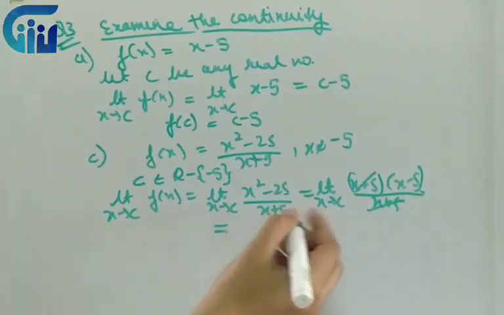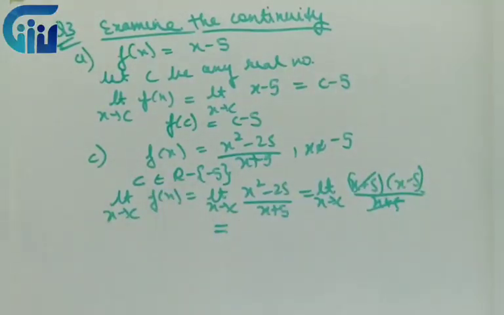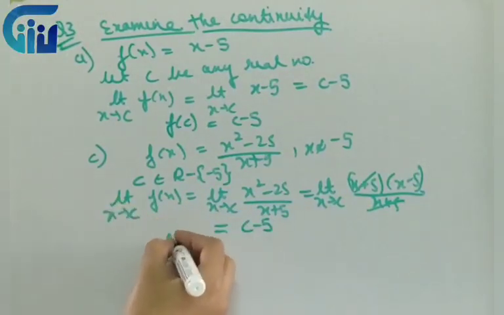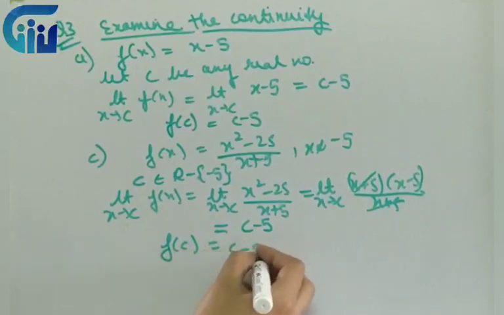If I put limit as c, I will get c minus 5. Similarly, if I put in the value of the function, then also I will get c minus 5. So it means I can take any real number, the value of the function is equal over here. Hence again it is continuous. So these are the simple questions to build up the concept of continuity.